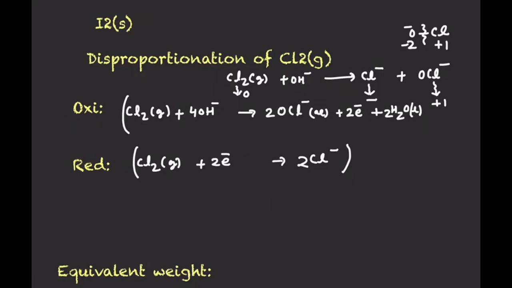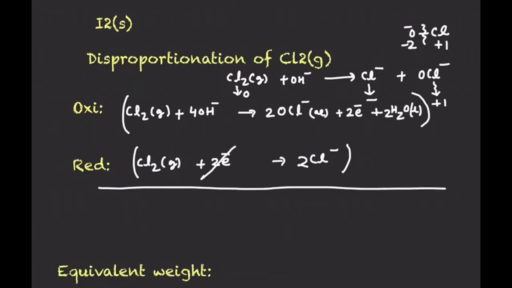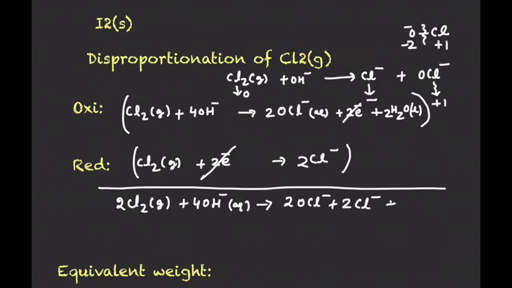If we see the oxidation and reduction reactions, the number of electrons involved in both is 2. If we add, these 2 electrons will cancel out, so we can write that 2 molecules of chlorine in gaseous state plus 4 times OH minus ion in aqueous state will form 2 times hypochlorite ion plus 2 times chloride ion plus 2 times water molecule. So this is the balanced reaction.